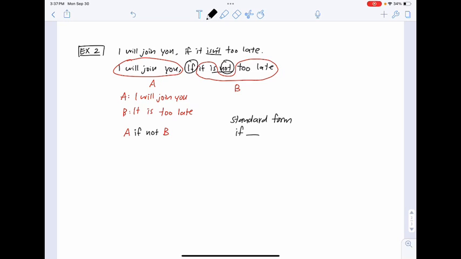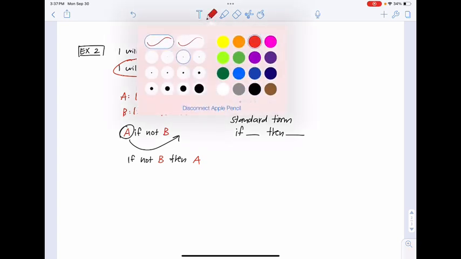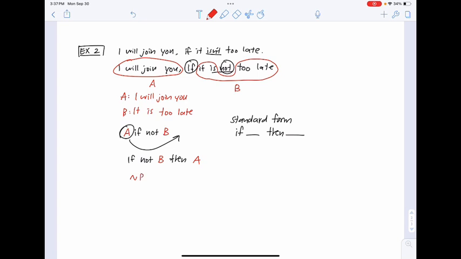I just call it that. I don't know if it's actually called that. If then. If should be the first word, but A is in front right now. So we're going to bring it over here. So that's if not B, then A. Okay? And then we know that this is material consequence, meaning this is going to look like not B only if A.